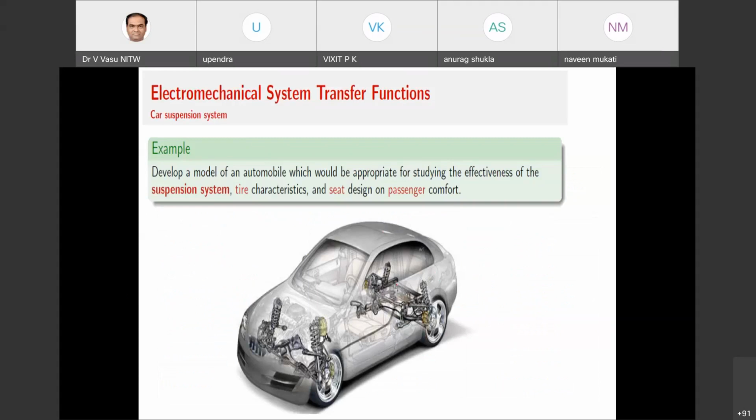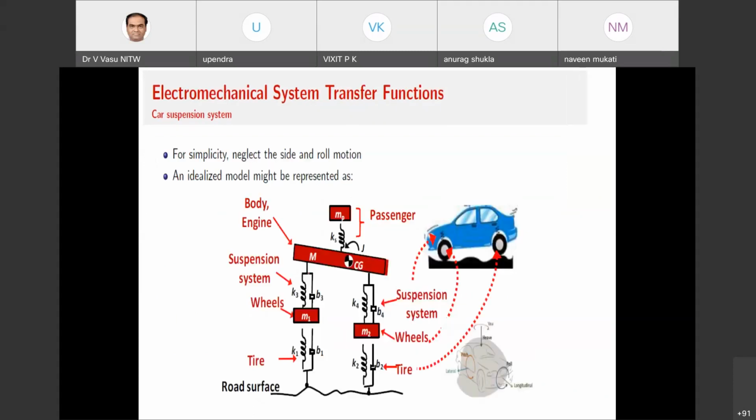This is one small example, the car suspension system. This is the tire, and we have the wheel, the base, then the suspension system and the passenger mass.